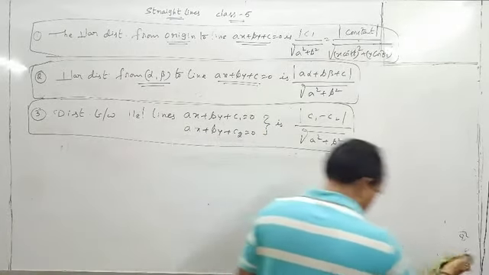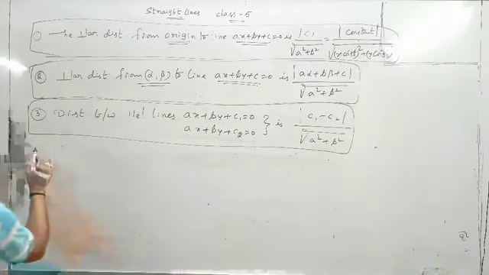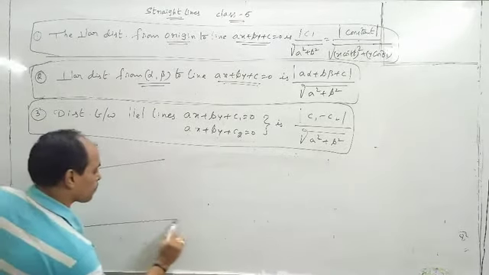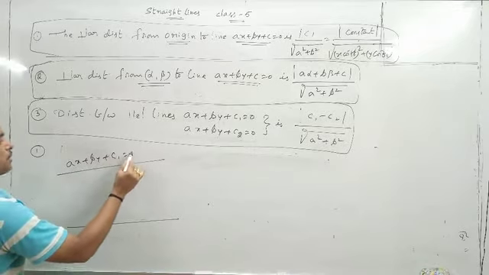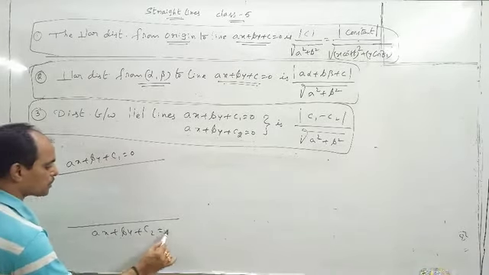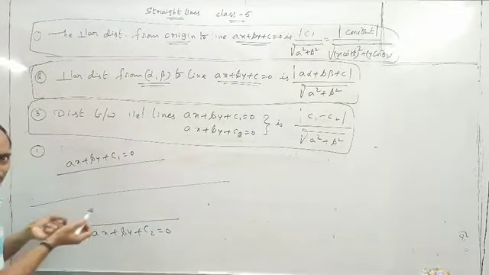Okay, now you see there are two lines. One line is ax plus by plus c1 is equal to 0. This line is ax plus by plus c2 is equal to 0. What about the line lying midway?